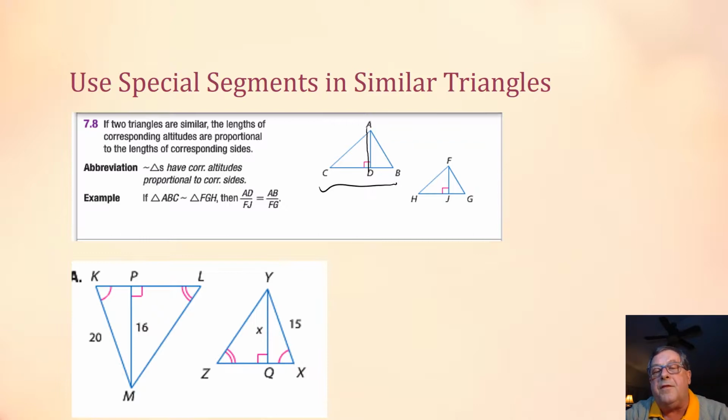We see this same thing on segment FJ, where it forms right angles as it intersects segment HG. So those two altitudes are proportional, and we're also going to see proportionality between corresponding sides. Let's look at our example at the bottom.